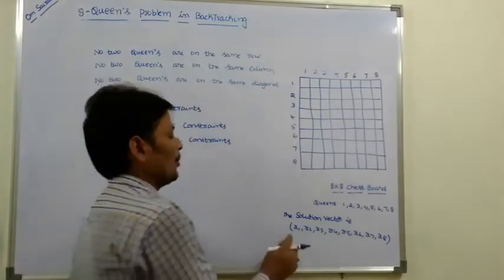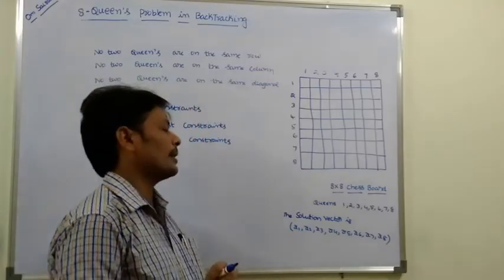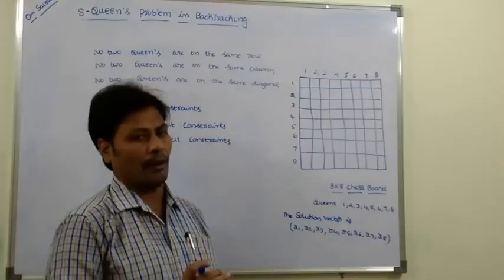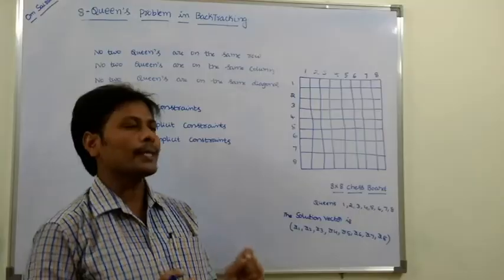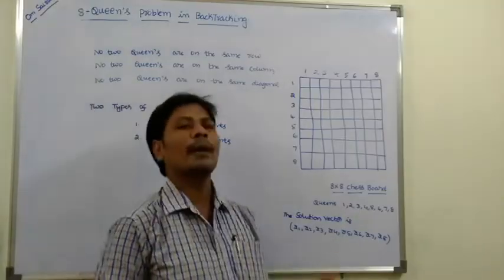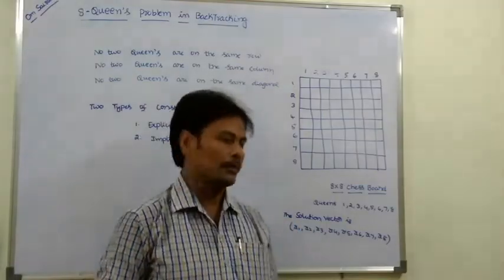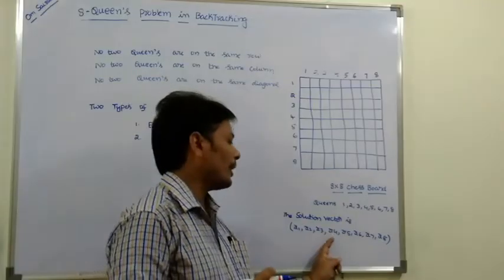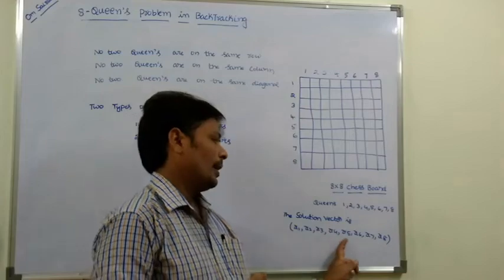Suppose we take x1. x1 is nothing but in which column we have to place queen 1. x2 is in which column we have to place queen 2. x3 is in which column we have to place queen 3. x4 is in which column we have to place queen 4 in the 8x8 chessboard.